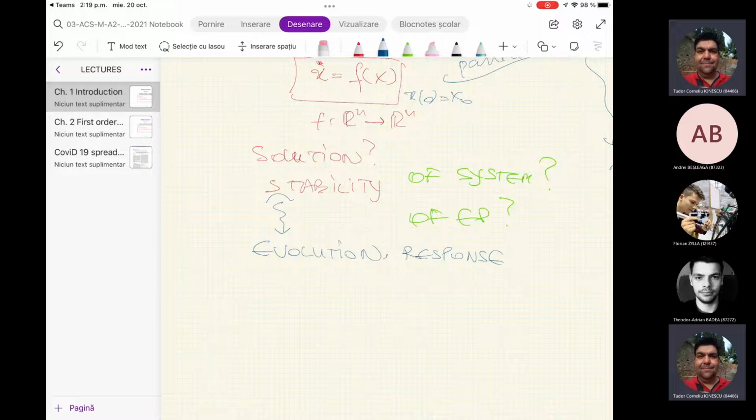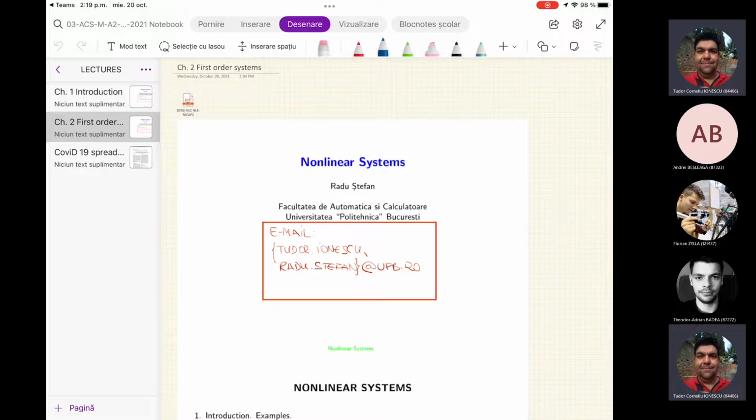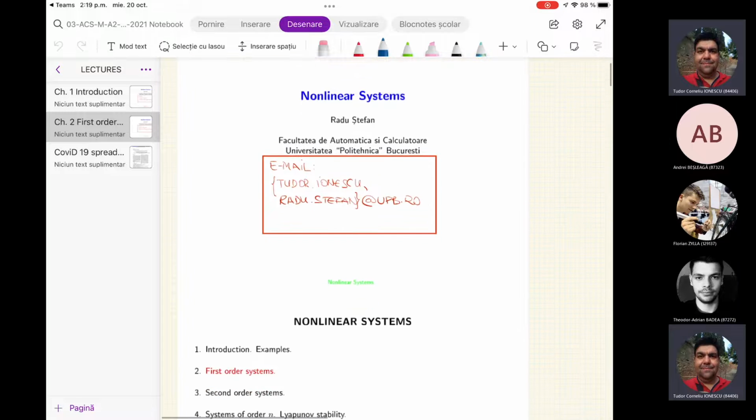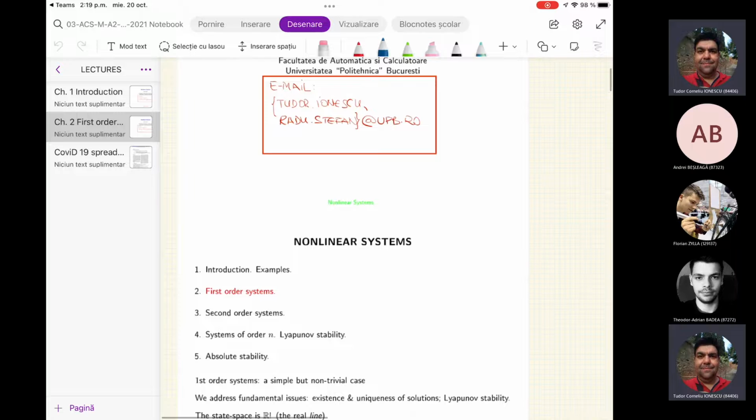Before we discuss control, we have to be able to understand the way we analyze such systems. To do that, we start from scratch, and we start with a very simple case, simple however non-trivial, mind you: the case of first-order systems.